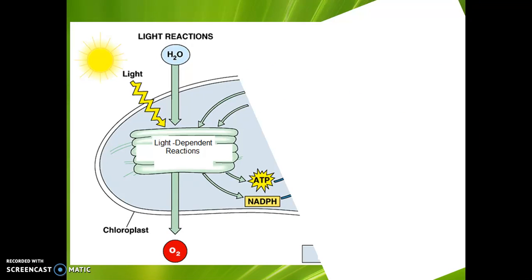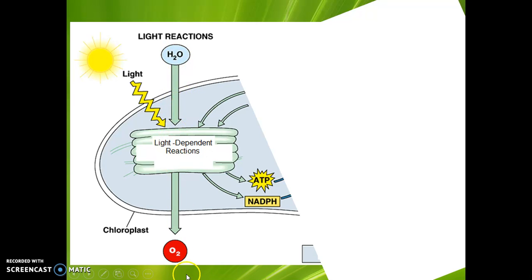Okay? So here's an image to start getting you in your mindset. The plant, so this whole thing here is going to represent the chloroplast. The plant is going to take in light. It's going to bring up water from the roots. We're in our thylakoid sac right here, and we're going to break hydrogen and oxygen up.